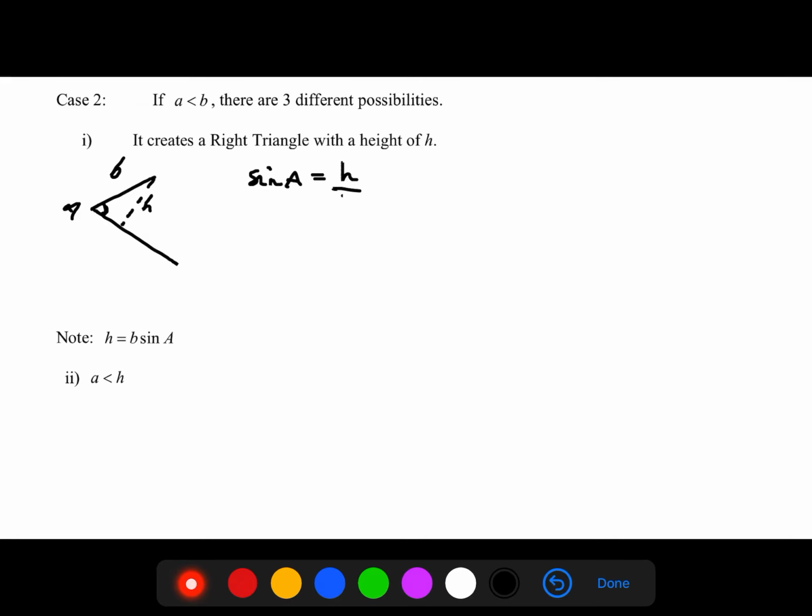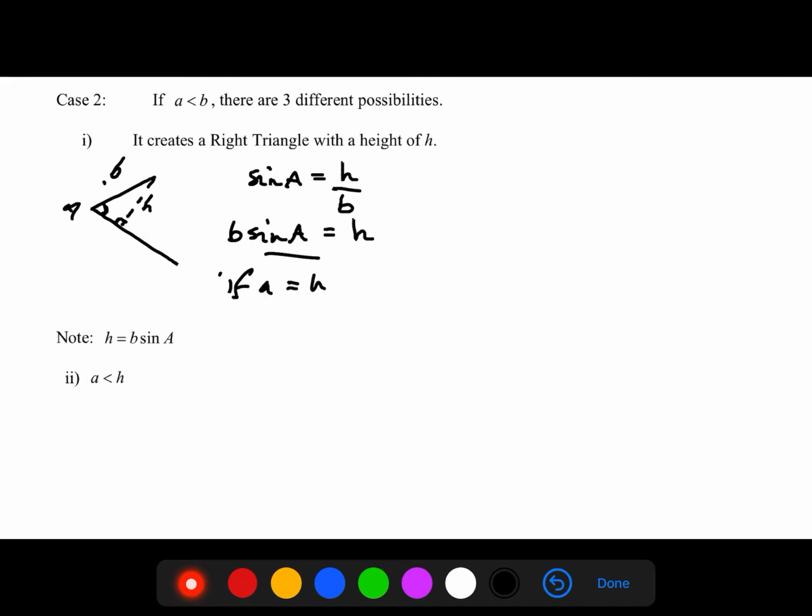We can calculate the height by taking sine of angle A equal to the height over side b. Taking side b over to the other side, the height is b times the sine of A, from our sine ratio of a right angle triangle.